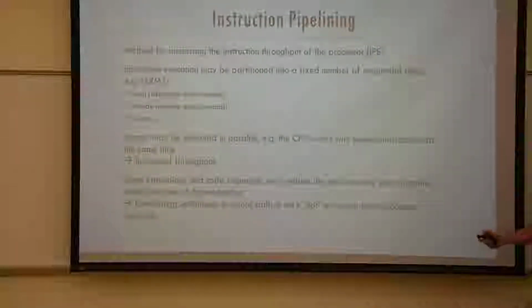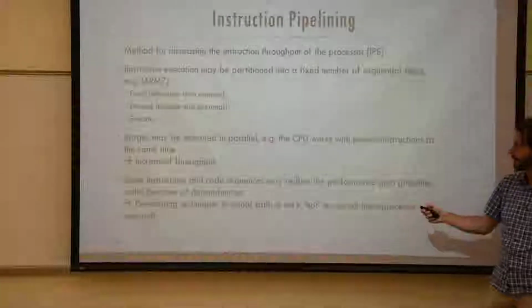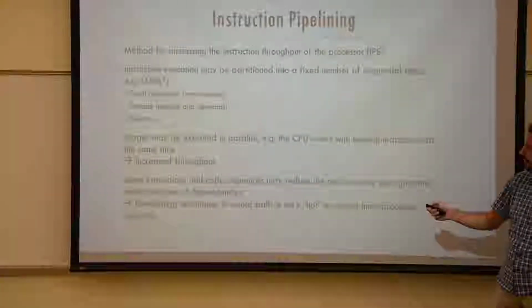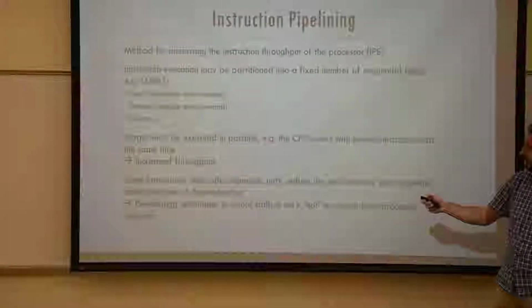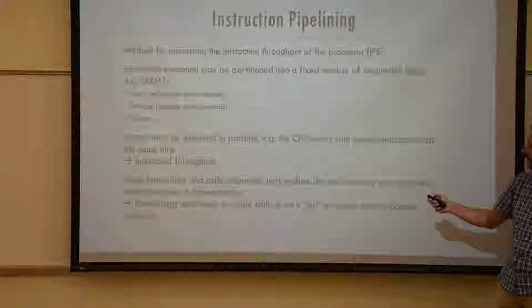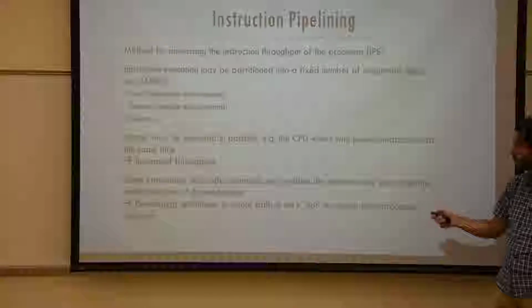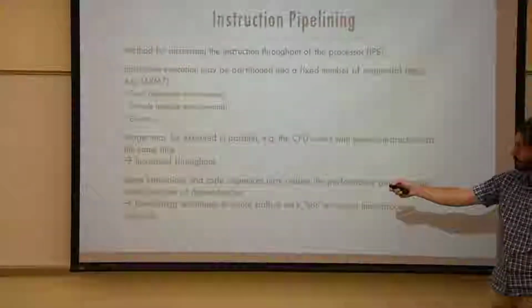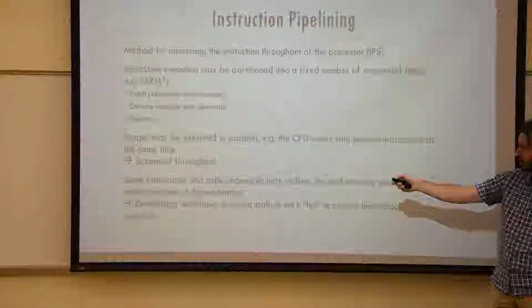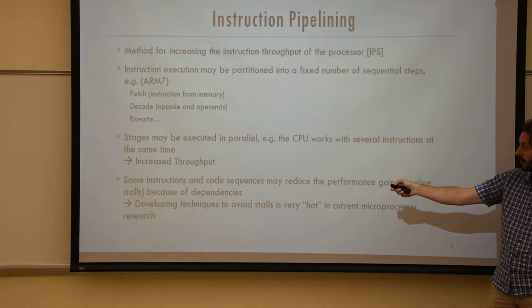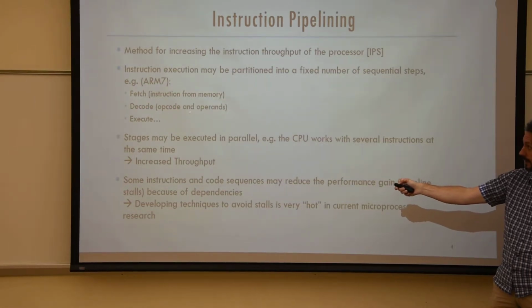In a processor you will do the same. The whole idea is that the instruction execution can be partitioned into a fixed number of stages. The first one is fetch, where the instruction comes from memory. The second one is decode, so you have some operation code together with the operands, and then you need to execute it.